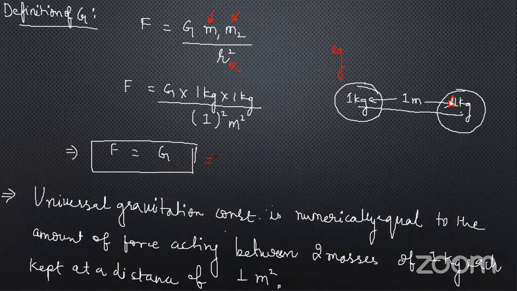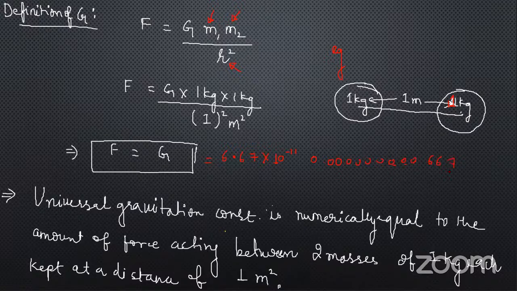If we look carefully at the value of G, it is 6.67 into 10 to the power minus 11. By seeing the power raised to 10, you can evaluate that this number is very, very smaller than 1. Can you guys see? This is 0.000000, 11 digits, like 10 zeros before 667.